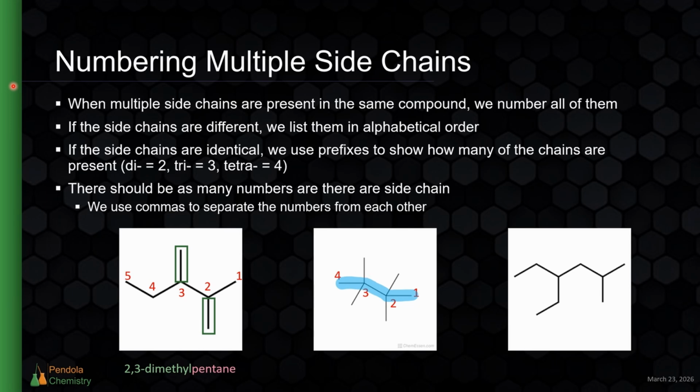We are going to have a 4-carbon main body. So again, 4 carbons is but. So but tells us that it's 4 carbons. Ane tells us that they're all single bonded. And then we have in this molecule 4 different methyl side chains. 1, 2, 3, 4.